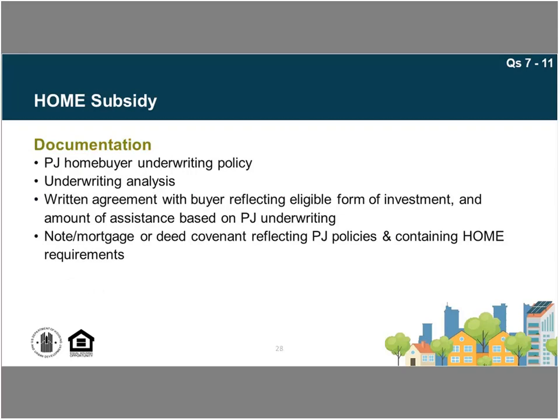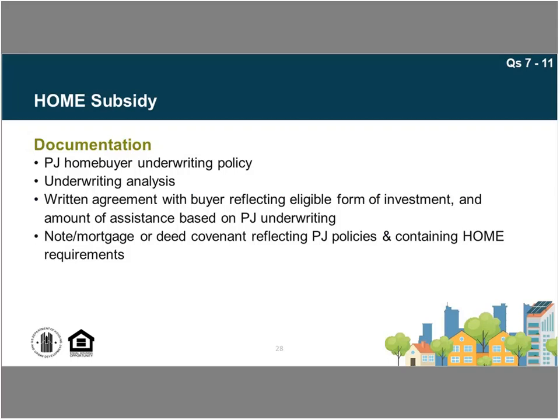The documentation then is that you've got to have your buyer underwriting policy, and for the individual family that the analysis was done, and you've done the underwriting and come to the conclusion that the amount of assistance is necessary for them to sustain homeownership.